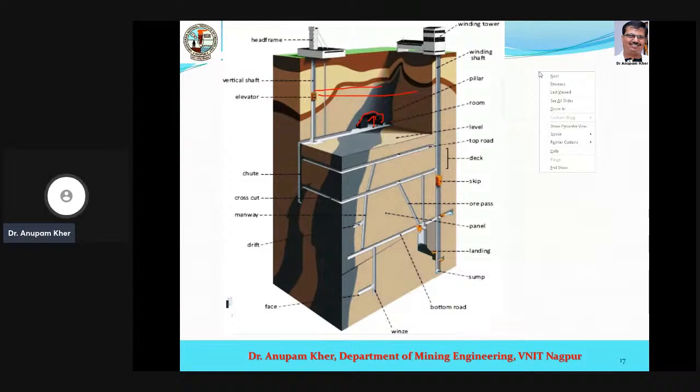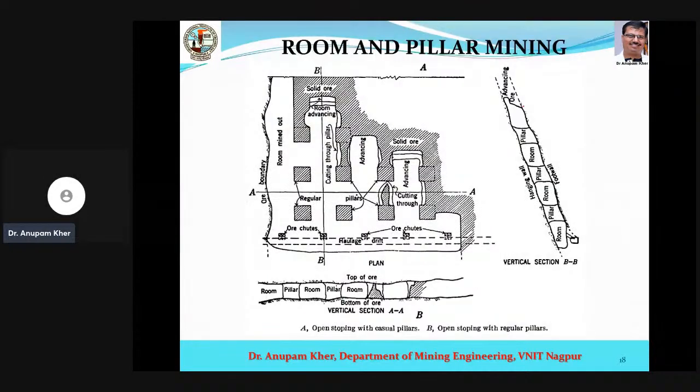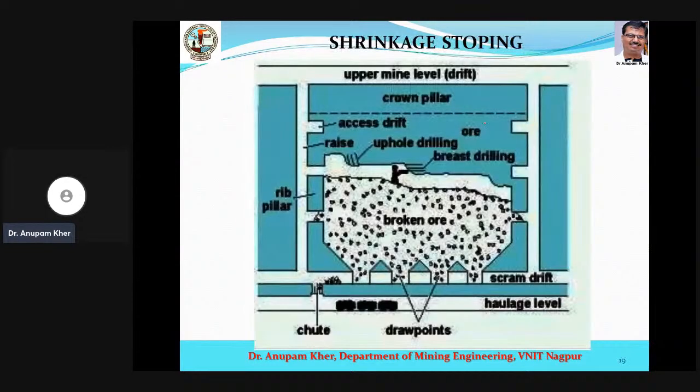So this is an overhand method which is shown here. This is a classical diagram of how underground mines are developed. First, as I told you, the room and pillar method we have already seen. Then the next one is the shrinkage stoping method.